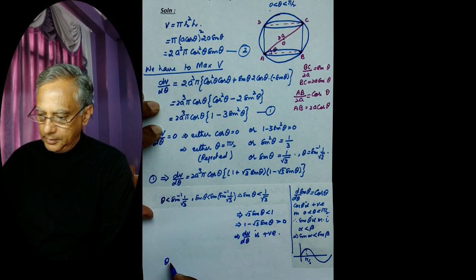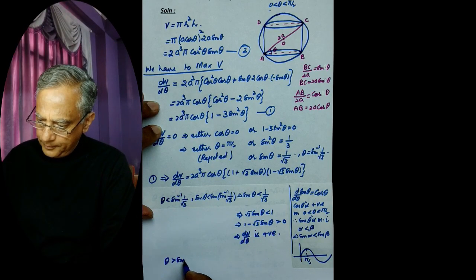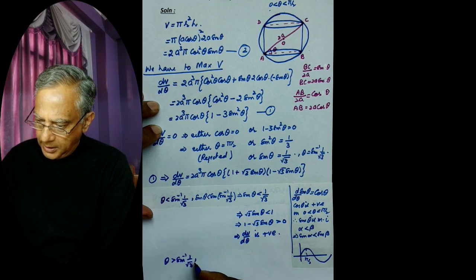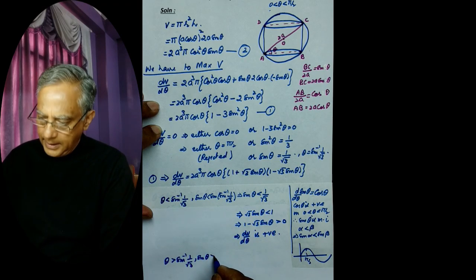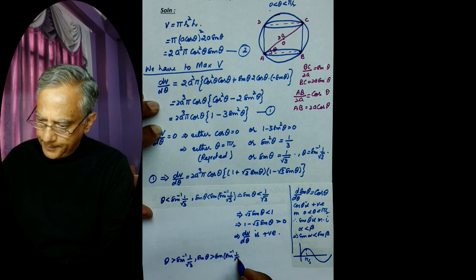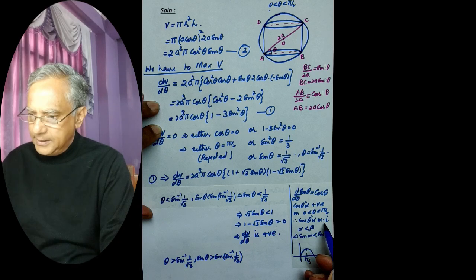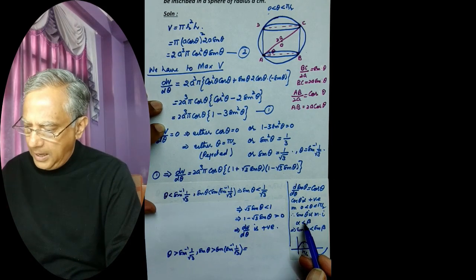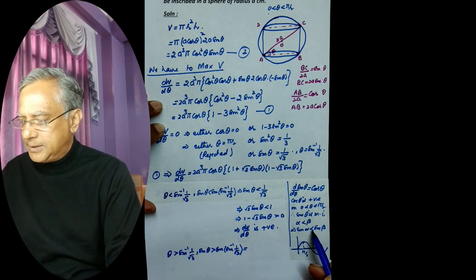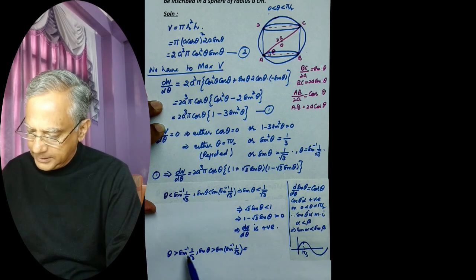Now we take theta greater than sine inverse 1 by root 3. Now take sine on both sides. Therefore, sine of theta is greater than sine of sine inverse 1 by root 3. Sine is a monotonically increasing function in the first quadrant. Therefore, this trend is maintained.